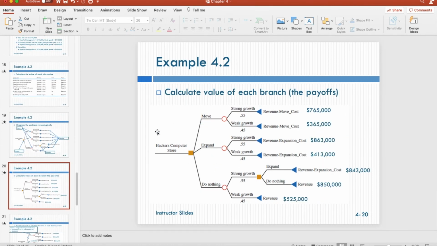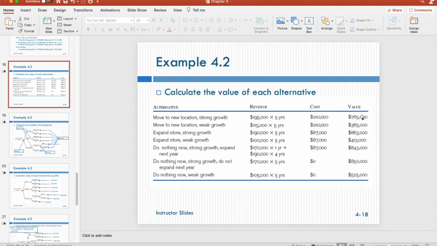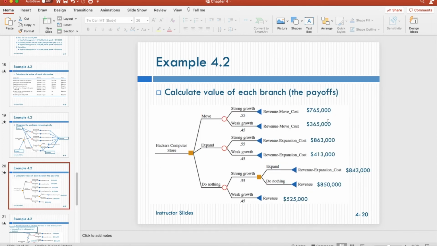So you see here I just list all the numbers that we just calculated within this table. 765,000, 365,000, right? So basically just list all of the payoffs for different nodes or different paths.